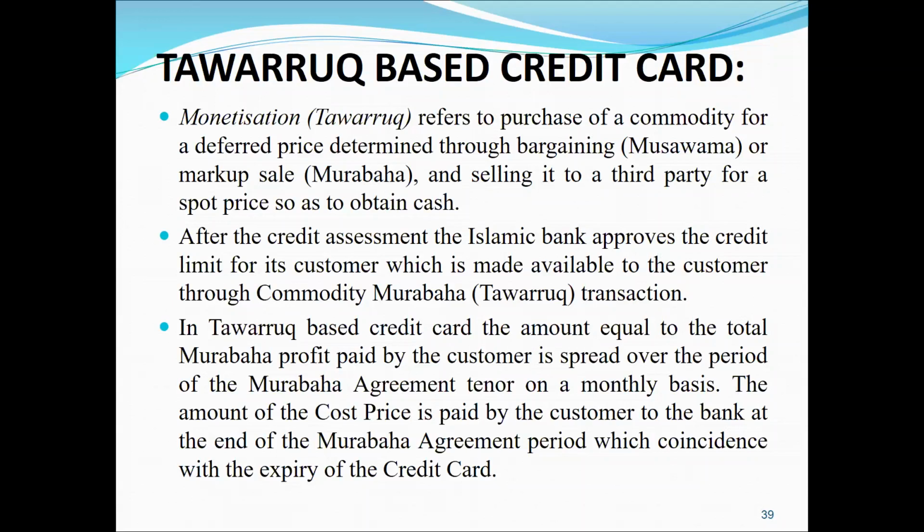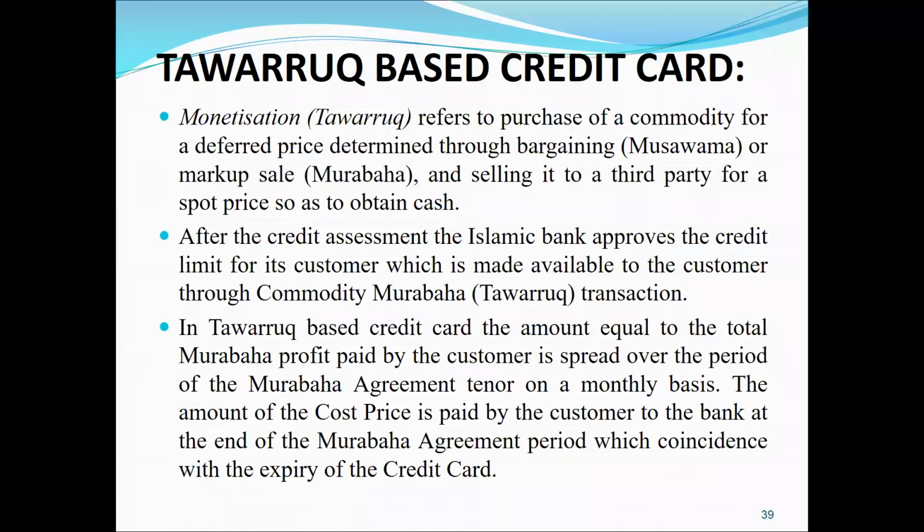So on Tawarruk, what is the case? On the Tawarruk credit card base, you're given a credit card as a plastic. Then what happens? You're buying, Islamic banks sell you a product, any commodity, on a cost plus financing, on a murabaha agreement.